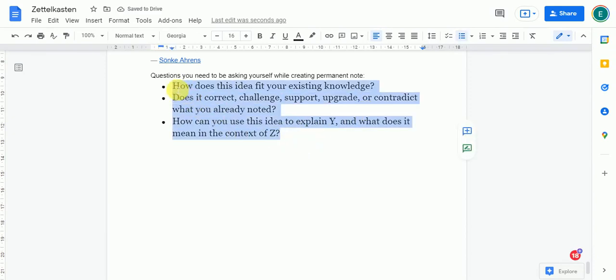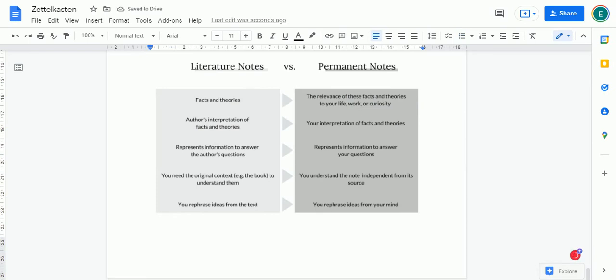As you can see, all these questions are very much dependent upon what you already know and just adding some context to it. Just in case you have a question about the difference between literature and permanent notes, it can be easily clarified in this figure.